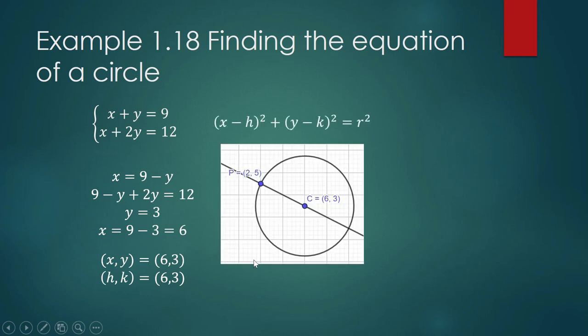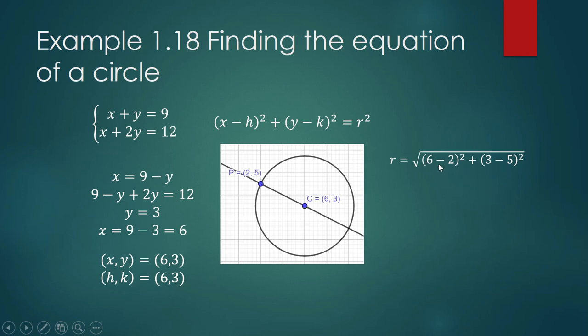The next part now is about finding r squared or finding r. We are almost there. We already have the coordinates for your center. But what about r and r squared? Let us compute for r. R is the distance between these 2 points. So again, we shall use the distance formula.